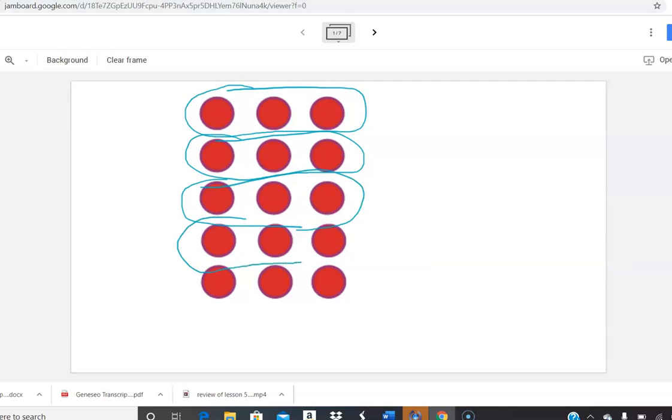Here we have a row. And there's another row. So we have 1, 2, 3, 4, 5 rows of 3. There's 3 in each row.